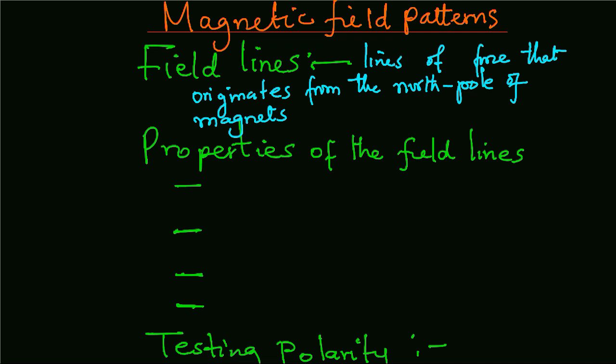We also note that due to shapes, U-shaped magnets and horseshoe magnets are stronger than a bar magnet because their shapes allow them to concentrate magnetic field lines of force. The field lines of force exhibit the following properties.